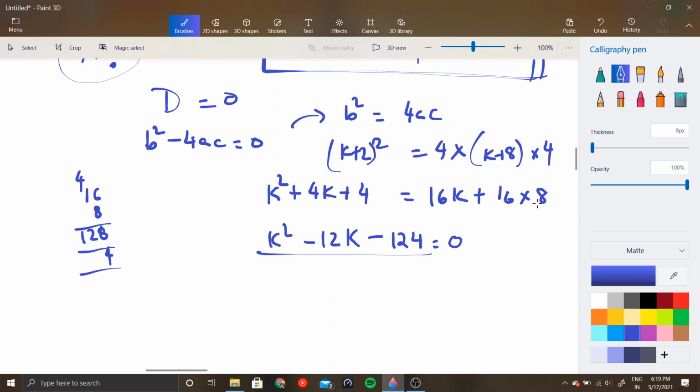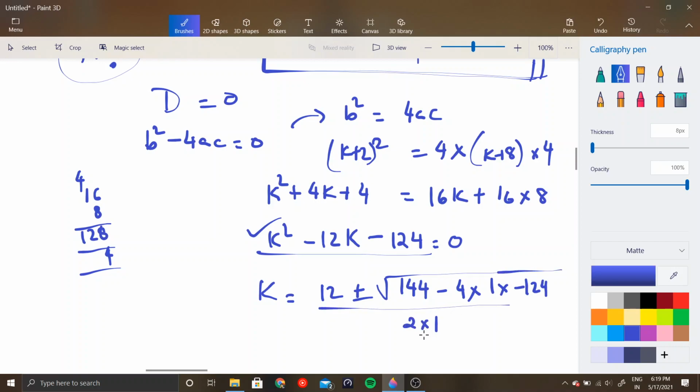Okay. So you have got the equation. Now, if you have got this equation, what you need to do is you just need to calculate the value of k. So what's the value of k? We'll just use Sridhar Acharya here directly. So this is minus b plus minus root over b squared 144 minus 4 times a into c by 2 into a.